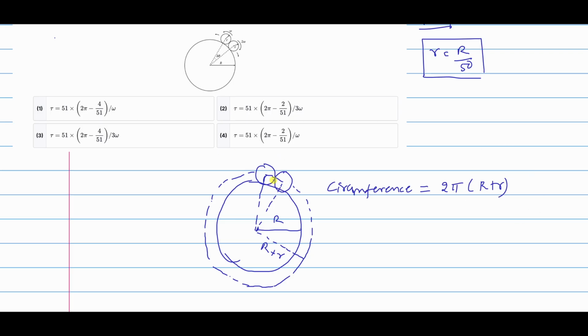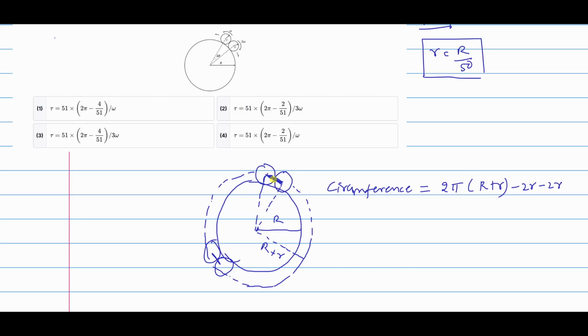Now initially they are separated by this distance, so this distance will be subtracted from here, 2r. Similarly, when they meet, that separation will also be 2r, so that will also be subtracted, minus 2r.